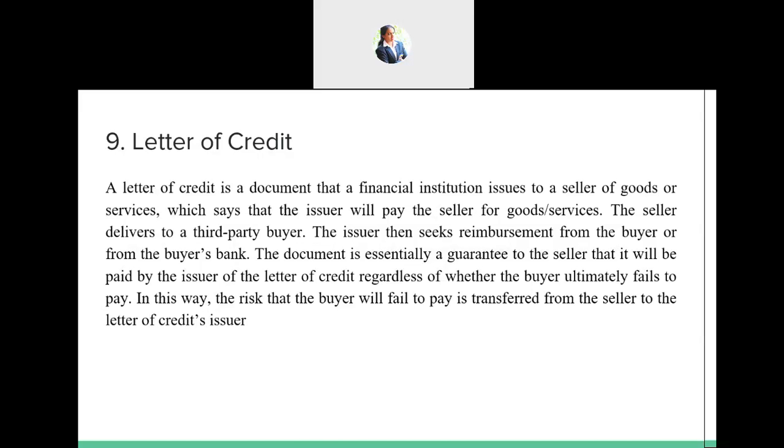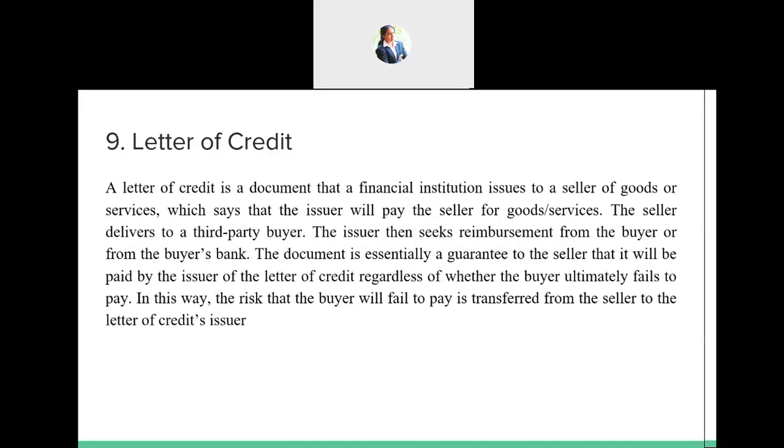Usually under the letter of credit, the importer's bank assists by providing a letter of credit to the exporter, or sometimes it can also be sent to the exporter's bank, providing for payment upon presentation of certain documents.